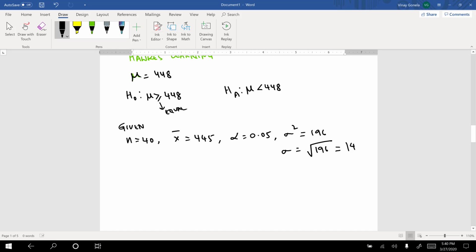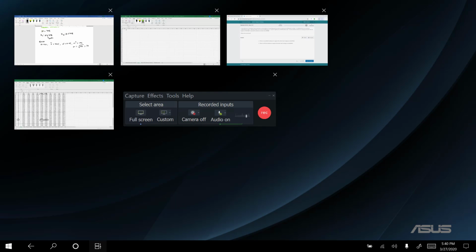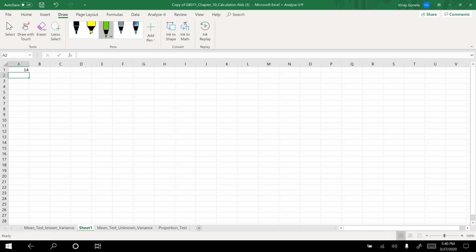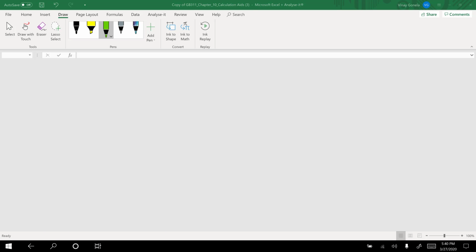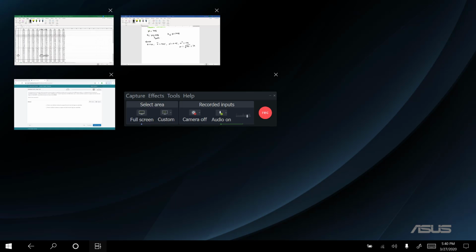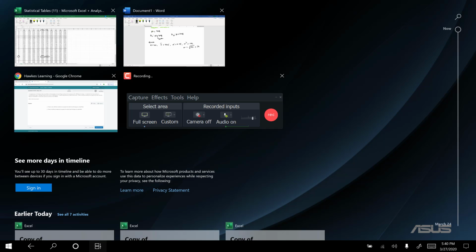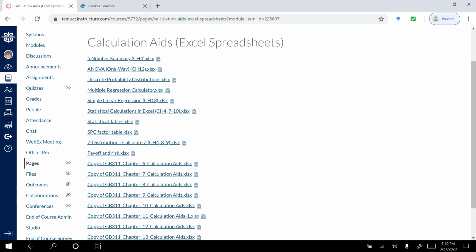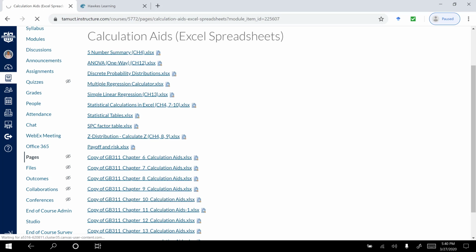So we have everything, so we have to just key in these values. So again, I will download a new calculation aid. So chapter 10, calculation aid.